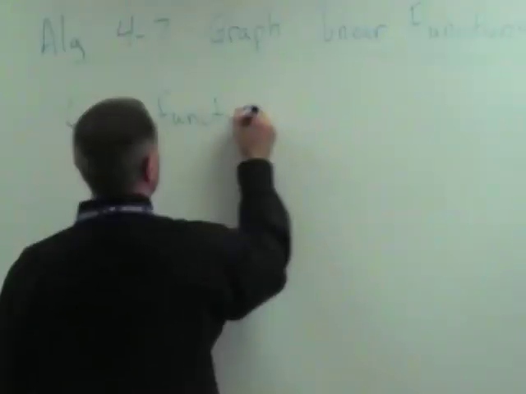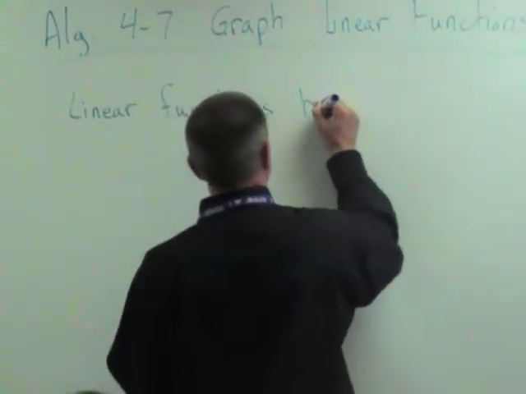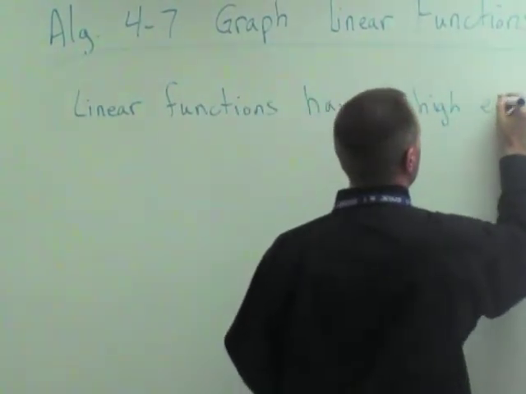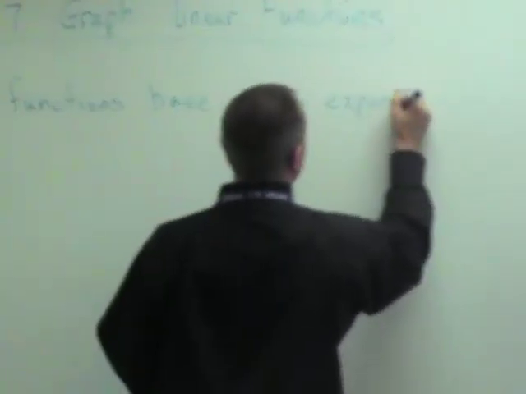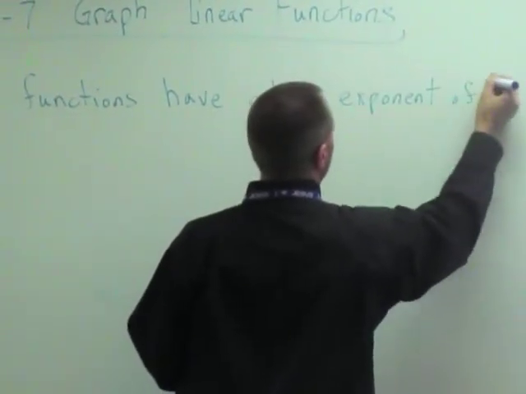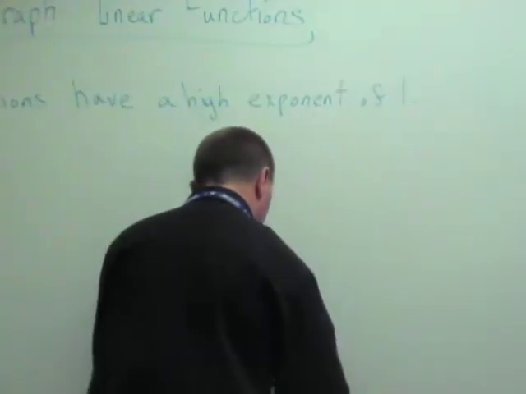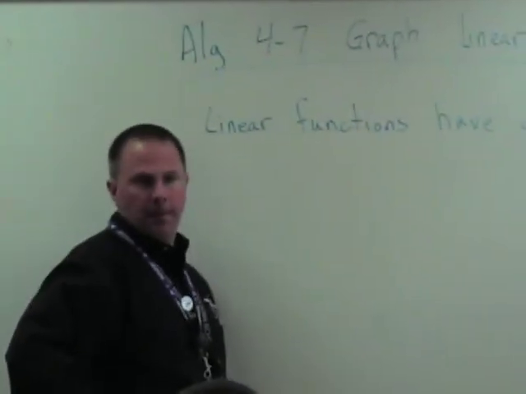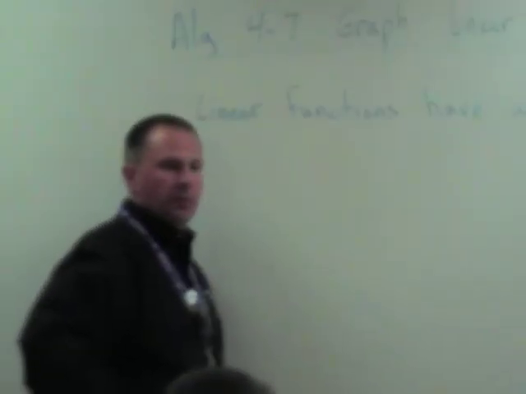Linear functions have a high exponent of 1. So anytime you have an equation, you should be able to tell me whether or not it's going to form a straight line.